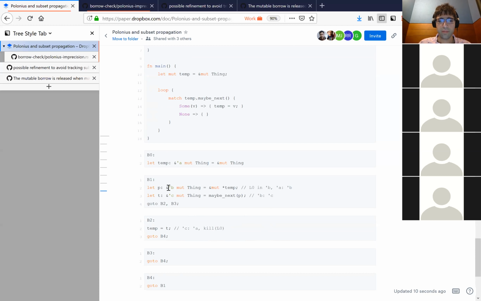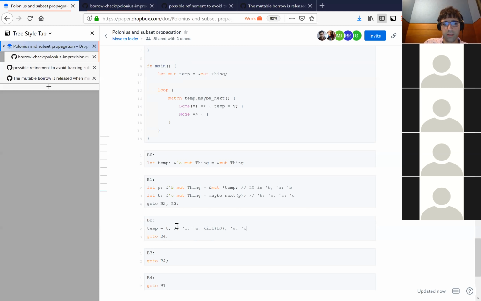That says B is dependent on all the things that A is dependent on. So A flows into B. So we get down to here, and here we know that transitively, if tick A outlives tick B and tick A outlives tick C, so we kind of know both of those things here, but we kill L0.